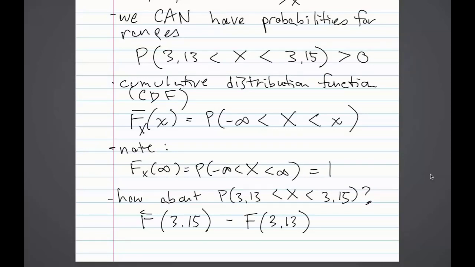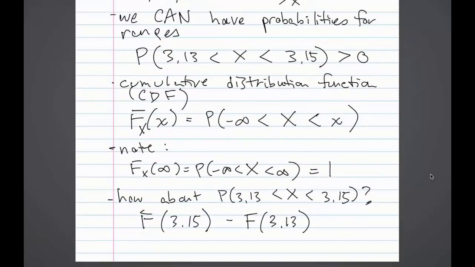We usually label this function as big F of x. And so the definition of big F of x is it's the probability that the random variable big X is greater than negative infinity but less than little x.